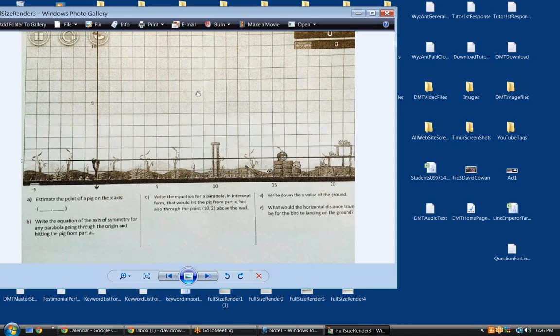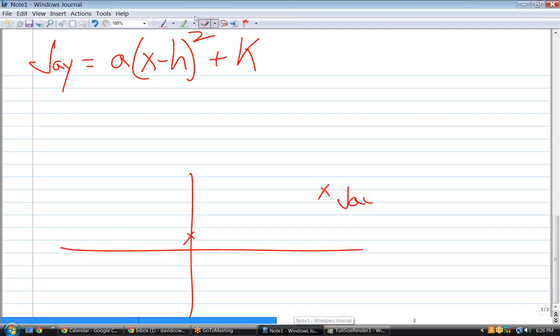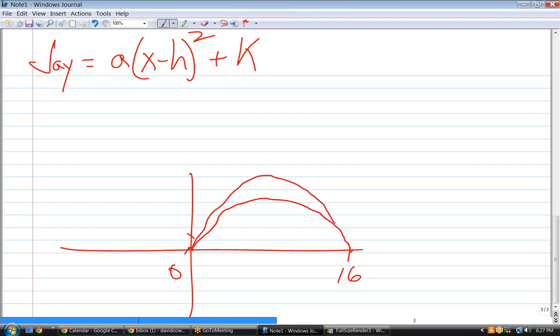So the parabola, let me draw it. We have our pig at 16, and it started at 0. So it did something like this, or perhaps that, or perhaps that. So we can write any equation we want.